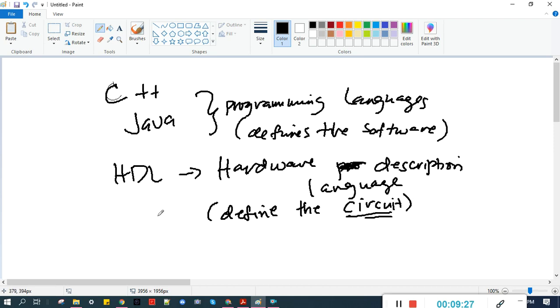So in short, we are designing the circuit, but instead of placing the components in a schematic, we are using text. This is text based.